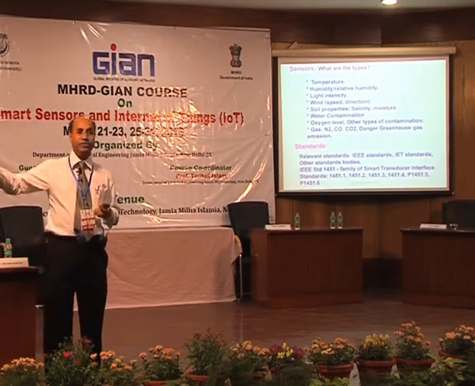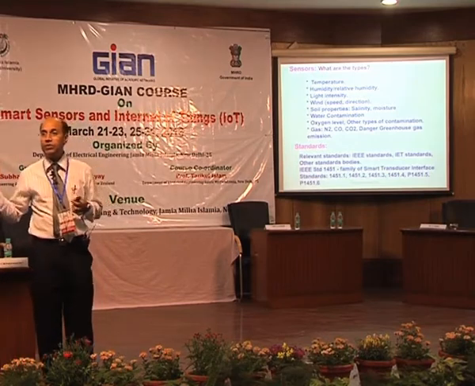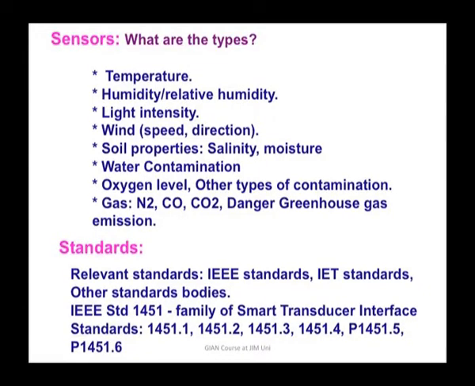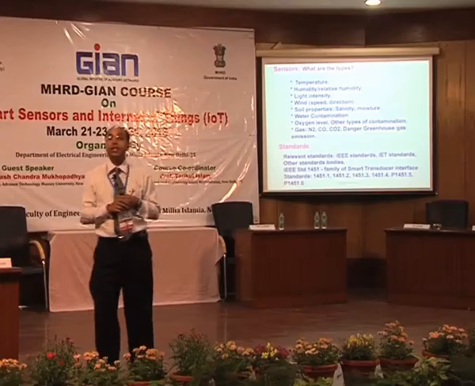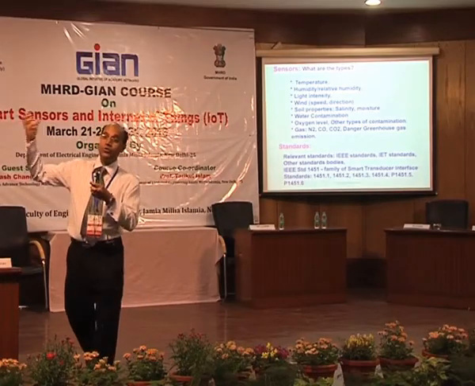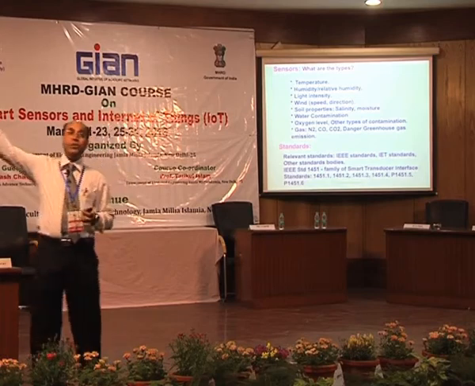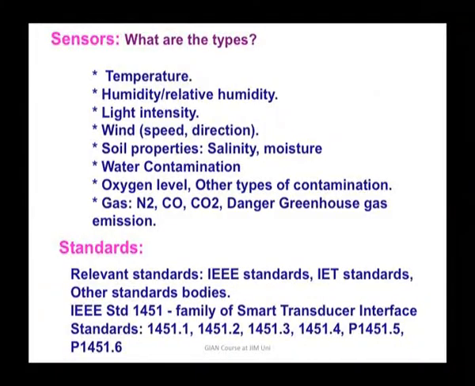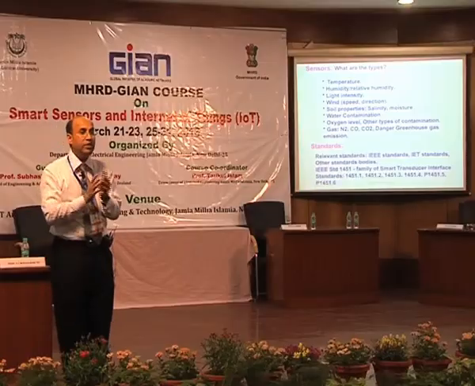If you go for ZigBee, IEEE 802.15.4. So you have to follow a certain standard. Now, these standards are useful if you think of making your sensing system interoperable, so that you develop something. If your friend also follows the same standard, then your development can be straight away used by him, and vice versa. But if you do not follow the standard, then you cannot do that.